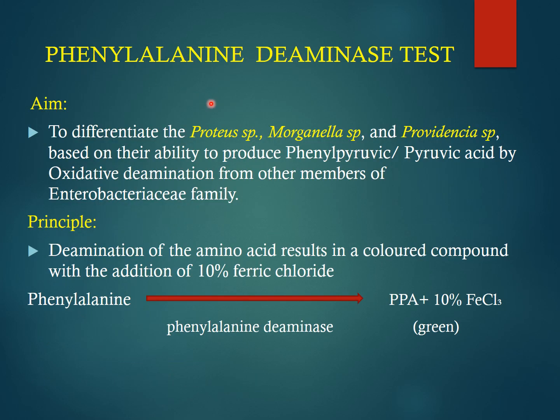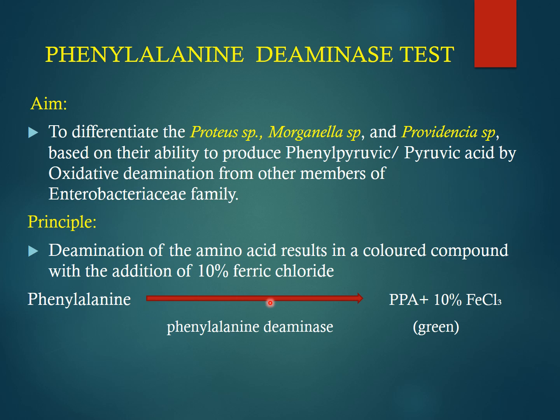Next, phenylalanine deaminase test. The aim of this test is to differentiate the Proteus, Morganella and Providencia species from other members of the Enterobacteriaceae family based on their ability to produce phenylpyruvic acid by oxidative deamination. It is based on the principle that the deamination of amino acid results in a colored compound with the addition of 10% ferric chloride.